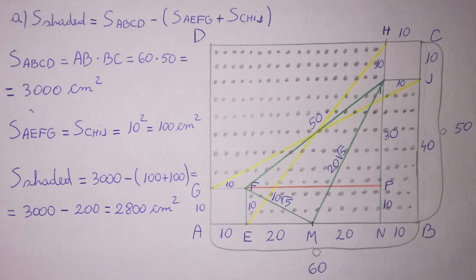The surface area of the squares AEFG and CHIJ is equal to 10 to the power of 2, which is equal to 100 square centimeters. So the shaded surface area is equal to 3000 minus 100 plus 100, which is equal to 2800 square centimeters.